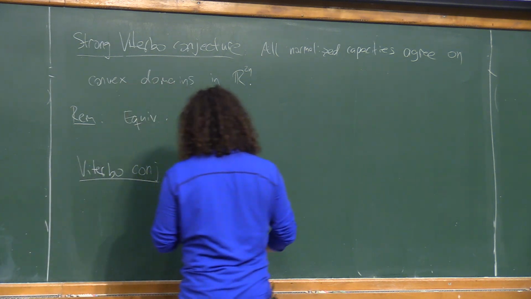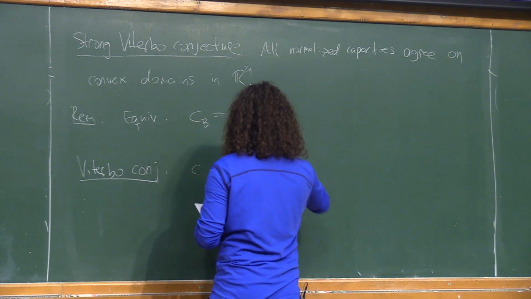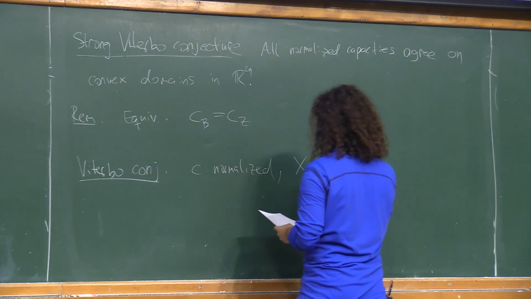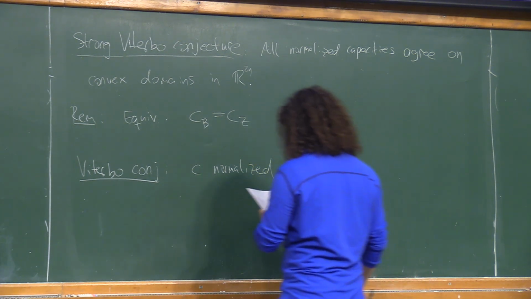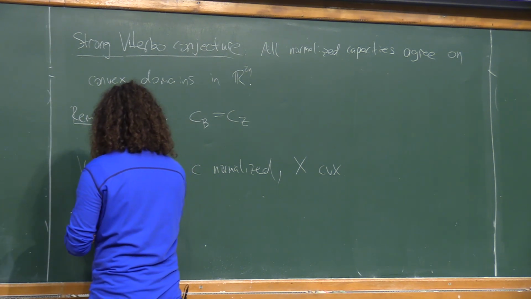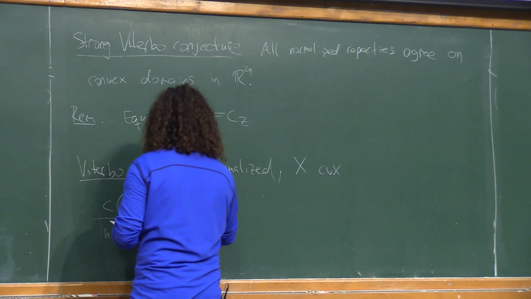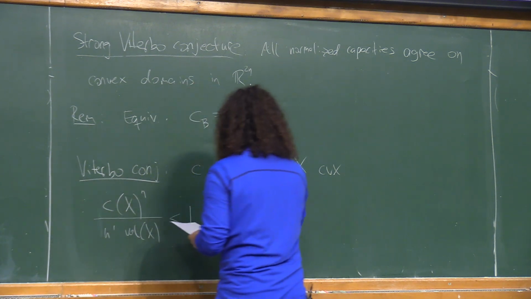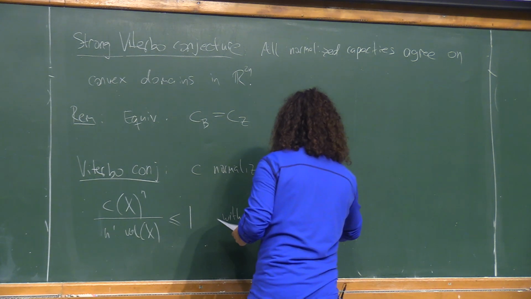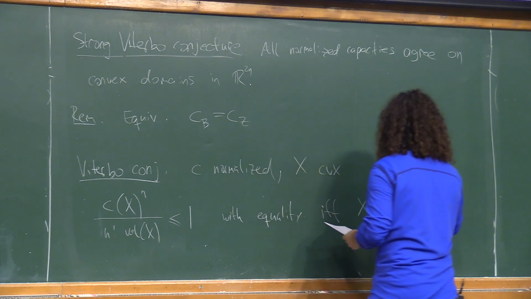So this one is saying that if c is normalized and if X is a convex domain inside a Euclidean space, then we have this inequality that's saying that the capacity of X to the power of n, over n factorial times the volume of X, is less than or equal to 1, with equality if and only if X actually is symplectomorphic to a ball.